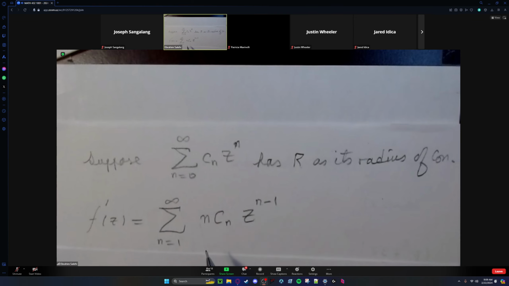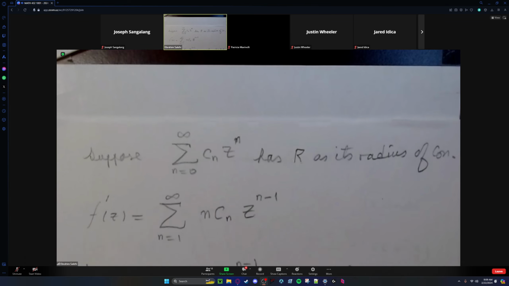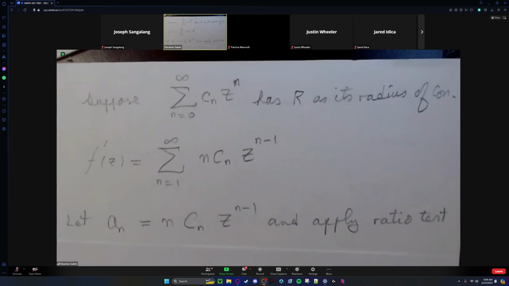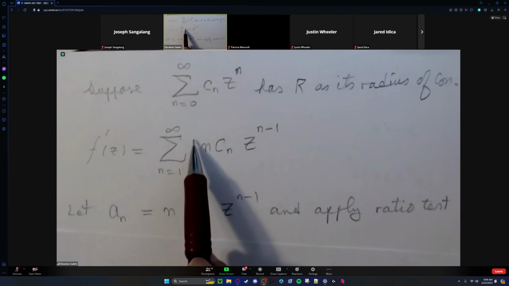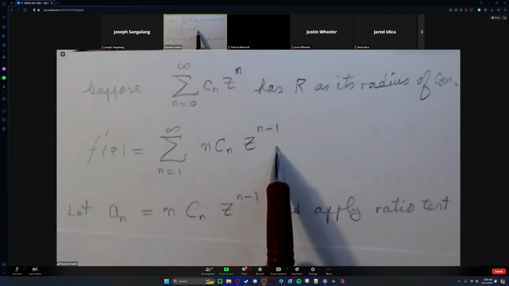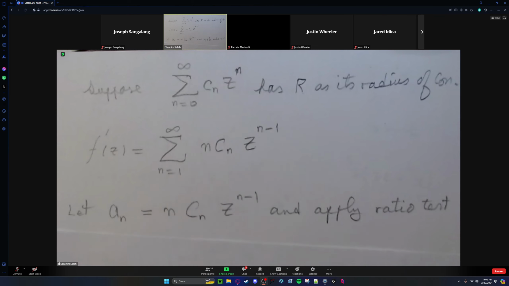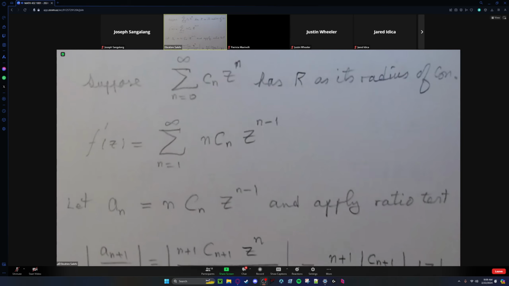How about radius of convergence of this derivative? Well, let's apply the generalized ratio test. This time, this is the series. This is a_n. So you form a_(n+1) over a_n, you get this.